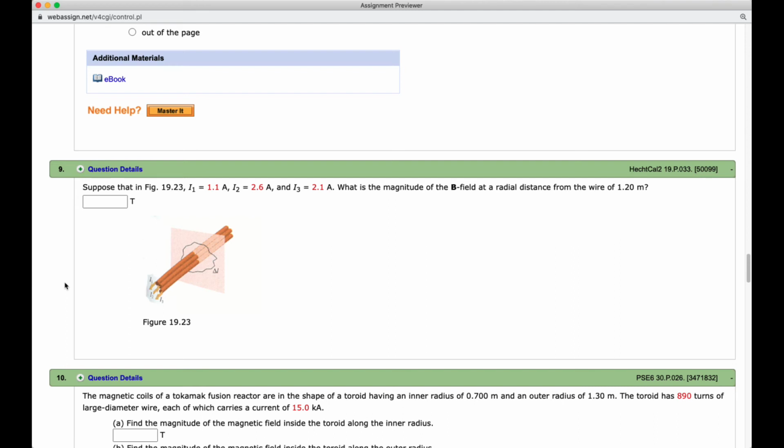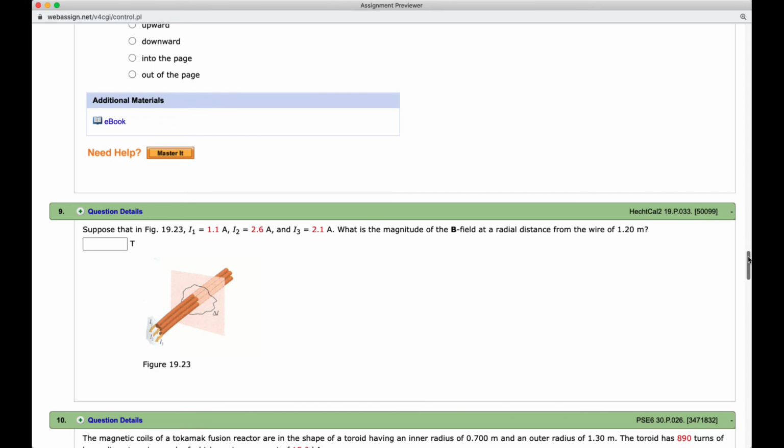He does other stuff too, but there's a nice treatment of the solenoid, so I'll send you that. Give you another example of Ampere's law. He actually goes through and proves that the field inside the solenoid is uniform using Ampere's law, whereas typically we just do it by intuition.